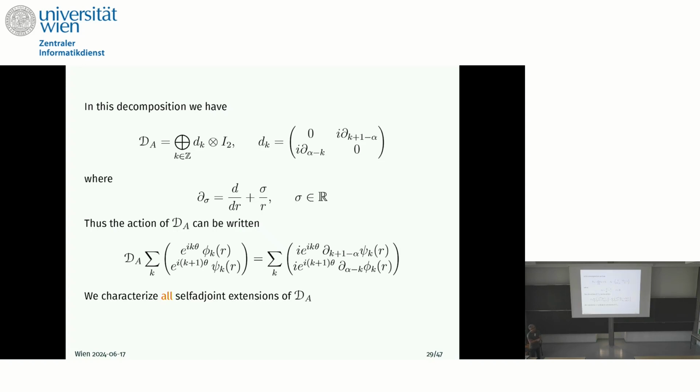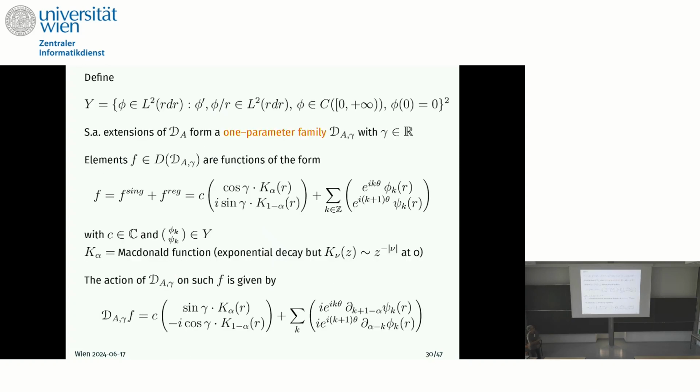So you see the two components are switched and theta remains unchanged. And okay, this is the way to write it for smooth functions, of course. Now let us consider the description of all possible self-adjoint extensions, okay?